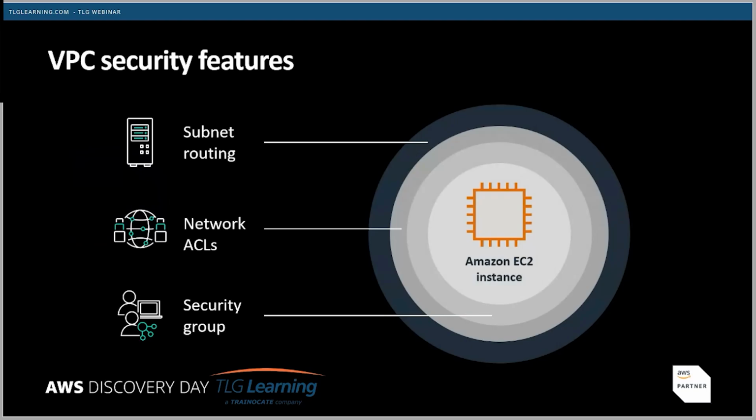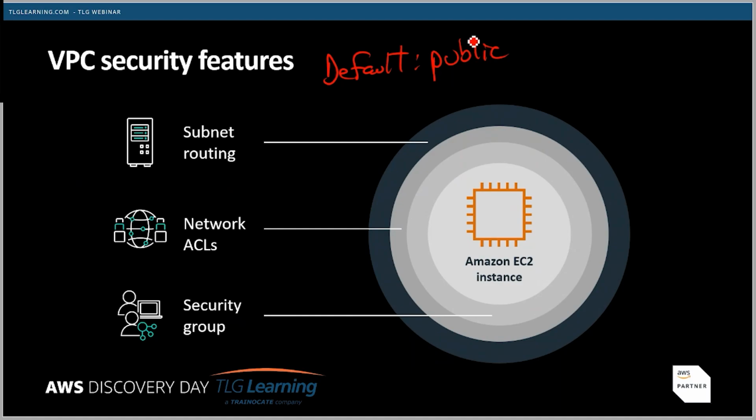Here, let's look at the VPC setup first. VPC is a virtual private cloud. It's your own isolated area of the AWS infrastructure. And VPC security by default would include default security traffic.